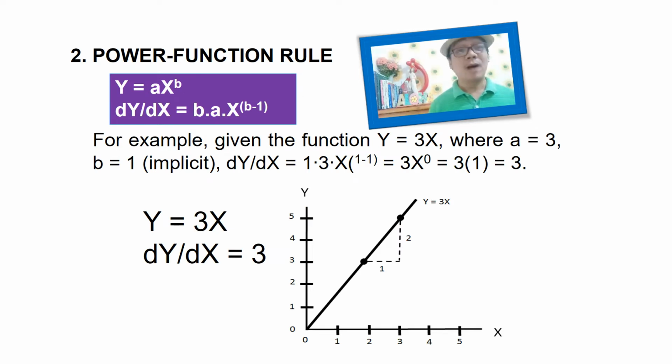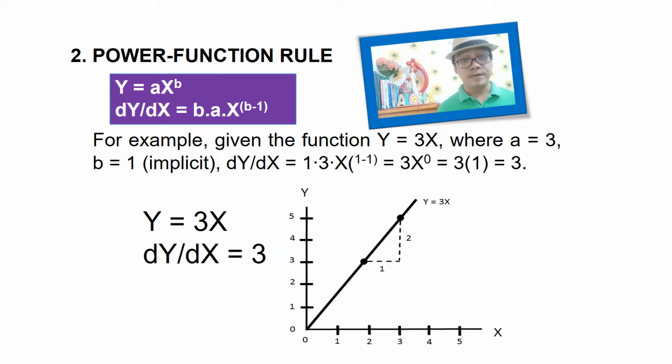Number 2, power function rule. The derivative of a power function y equals ax raised to b, where a and b are constants, is equal to the exponent b multiplied by the coefficient a times the variable x raised to the b minus 1 power. For example, given the function y equals 3x, where a equals 3 and b equals 1, dy dx is equal to 3.